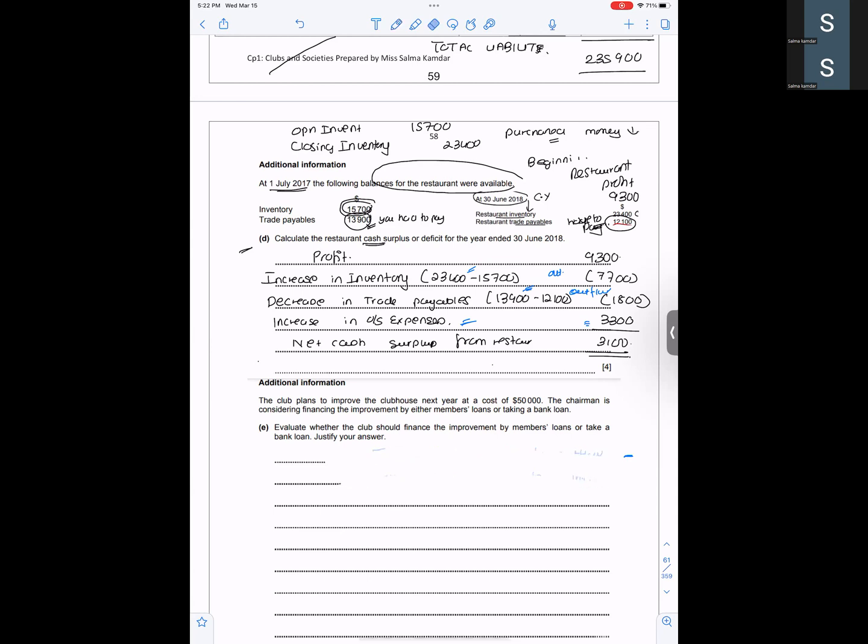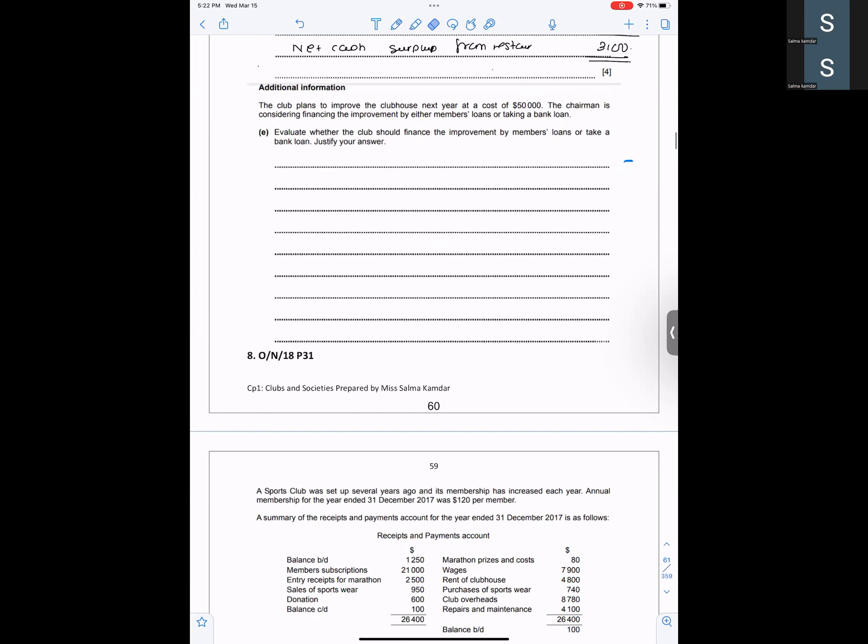Let's do the E part. My E part tells me the club plans to improve the clubhouse next year. And when I am going to improve it, I'm going to incur a cost of 50,000. The chairman is considering financing the improvements by either taking a loan from members or taking a bank loan.